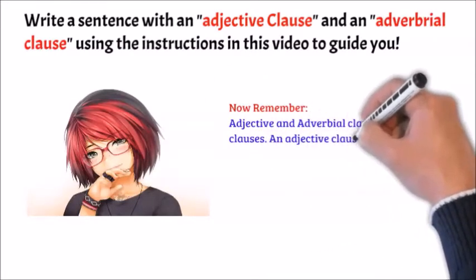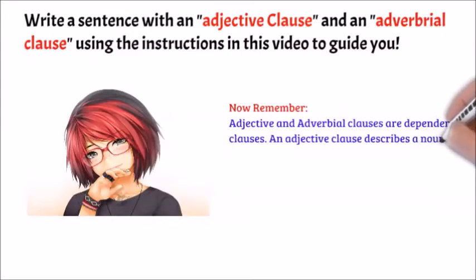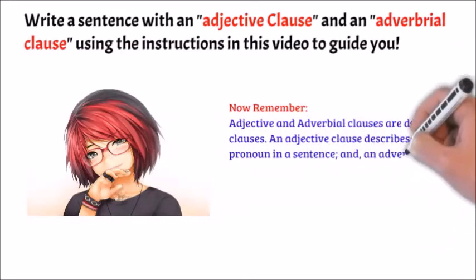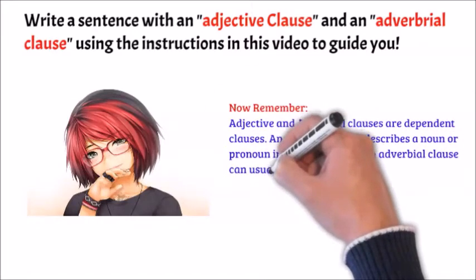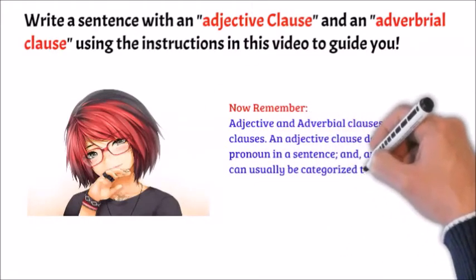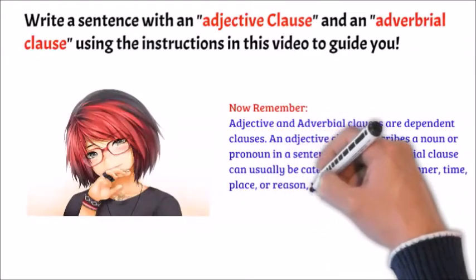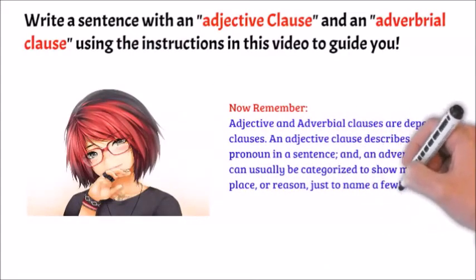An adjective clause describes a noun or a pronoun in a sentence, and an adverbial clause usually can be categorized to show manner, time, place, or reason, just to name a few.